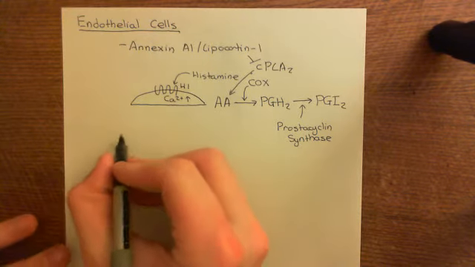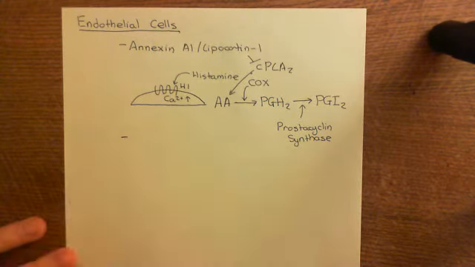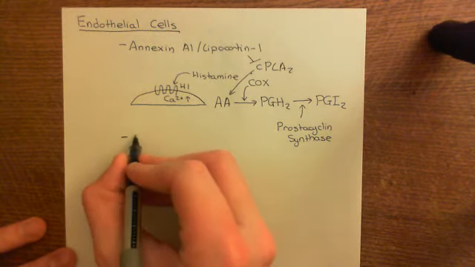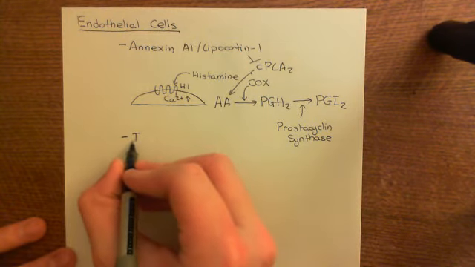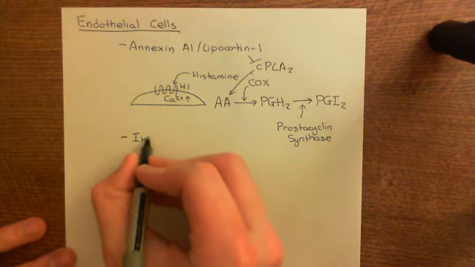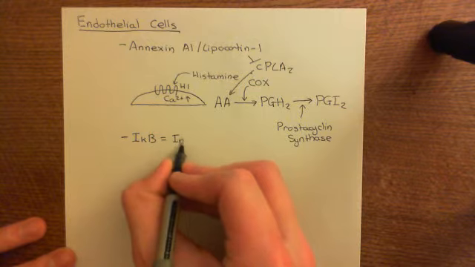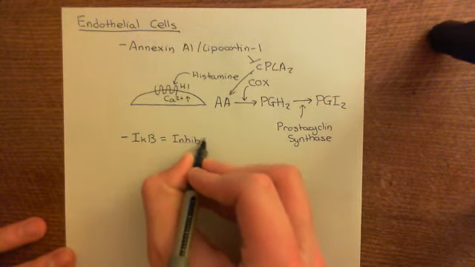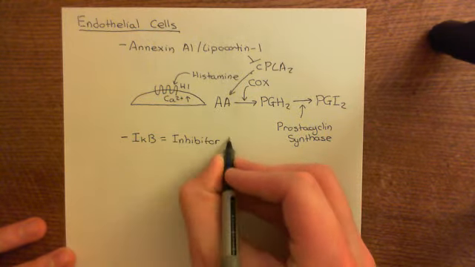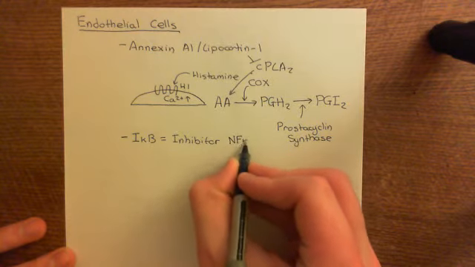Okay, so let's look at another way that they work within endothelial cells. They also are going to increase the expression of a protein known as inhibitor of NF-kappa B. Okay, so I-kappa-B, which stands for inhibitor of the nuclear factor kappa B, NF-kappa-B here.